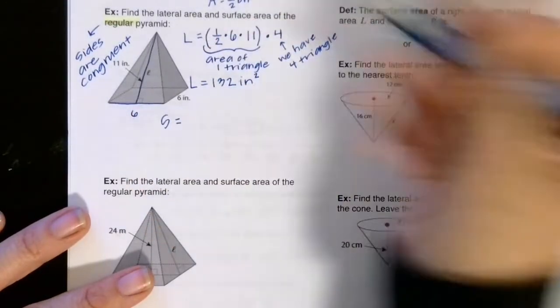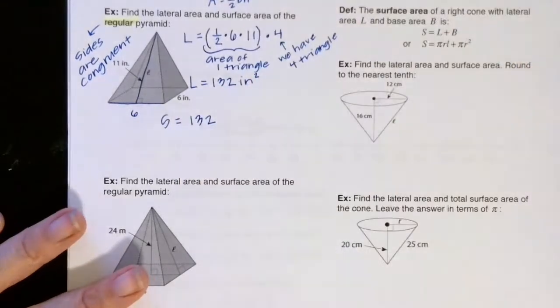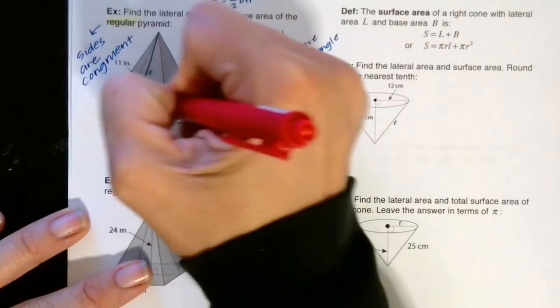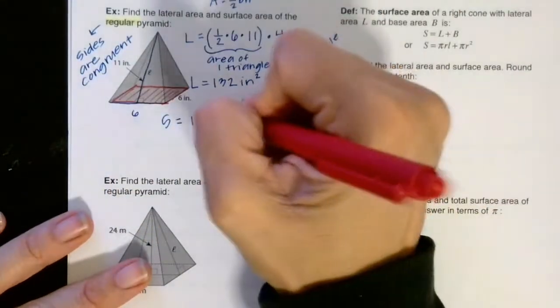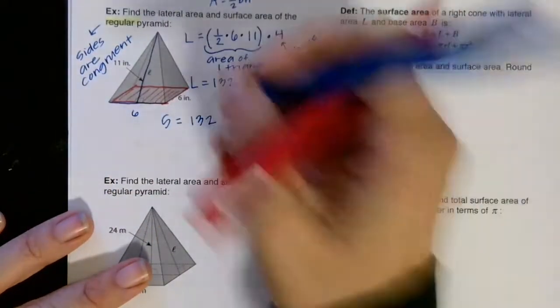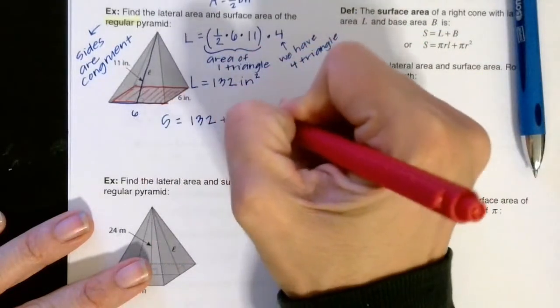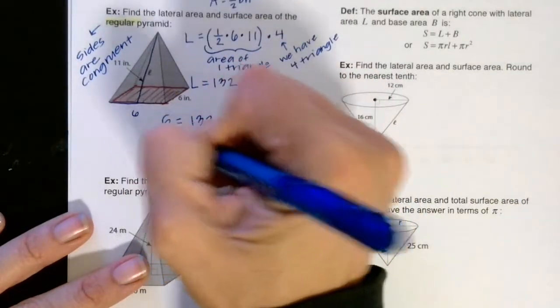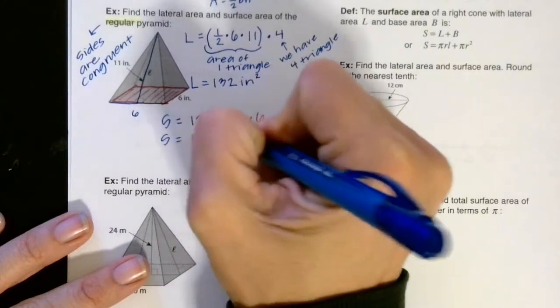For the surface area, that's going to be the 132 from the sides, but then we also have the base right here, which is a square. So in order to find that, it's going to be 6 times 6, which is 36. So we get the surface area is going to be 168 inches squared.